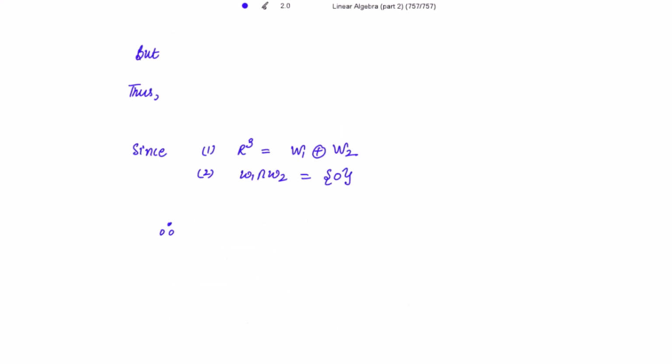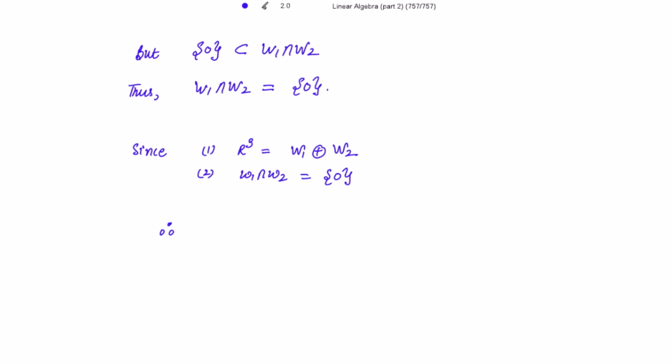But the singleton set containing the 0 element is itself a subset of their intersection. So from these two we can say that W1 intersection W2 is equal to the set containing the 0 element.